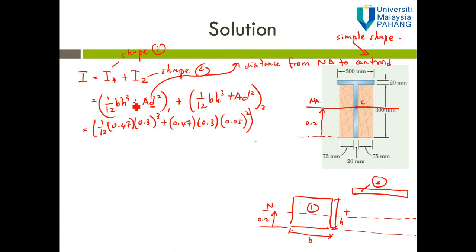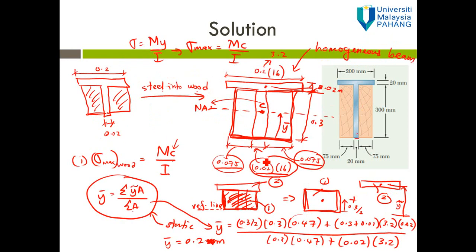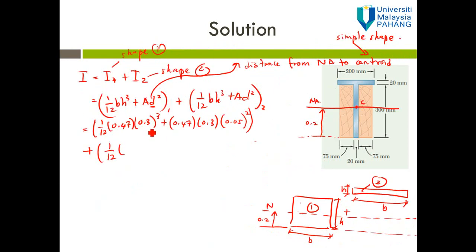Okay, so this is for shape 1, and then we proceed to shape 2, plus 1 over 12. So what is the B? B is here, that's the B for shape 2, and that's the H. B is equal to 0.2 times 16, so equal to 3.2.